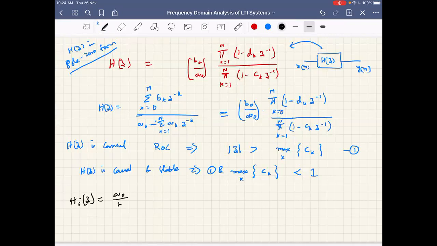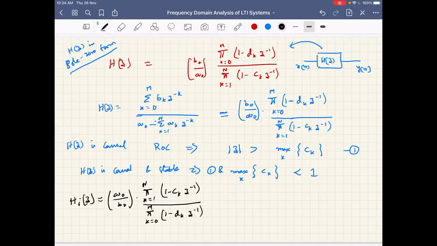Hi of z is the product from 1 to n, please note that we can start from 0, of 1 minus ck z inverse, because it's inverse, 1 by H of z, over 1 minus dk z inverse.